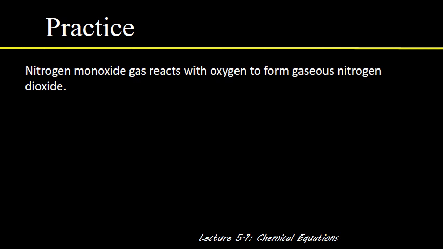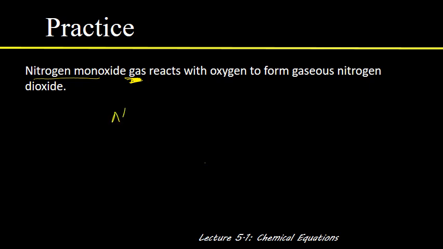All right, let's practice a couple of simple ones. So let's take this reaction. Nitrogen monoxide gas reacts with oxygen to form gaseous nitrogen dioxide. You notice we've got nitrogen monoxide gas, and since nitrogen monoxide is not something that you would necessarily know the state of, it's provided in the equation here.